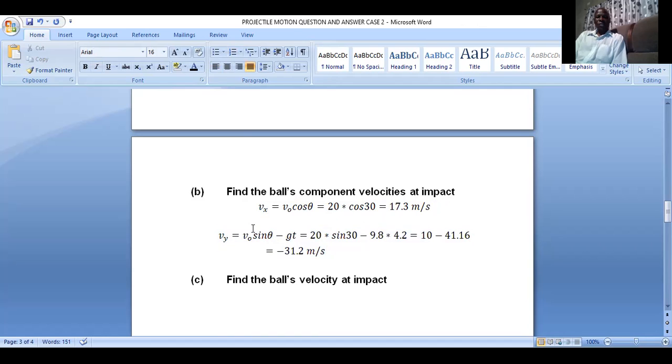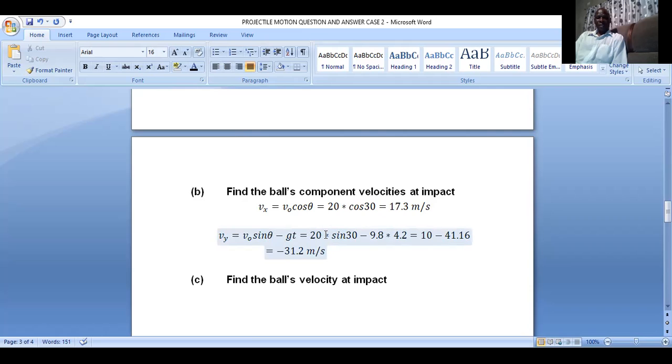So our equation is Vy component is equal to V initial sine theta minus acceleration due to gravity times time. Then we just substitute the figures here.